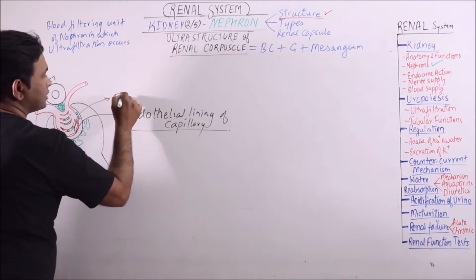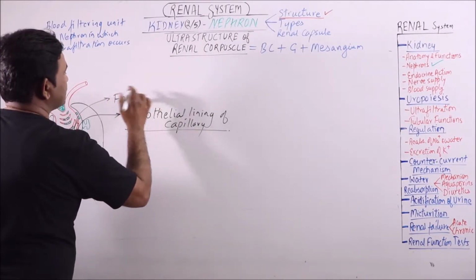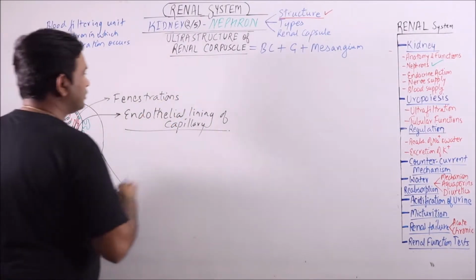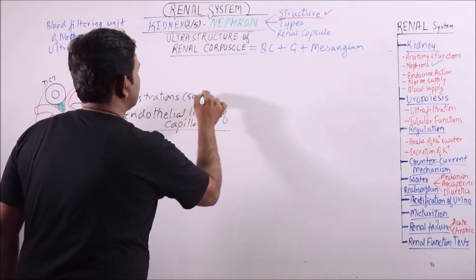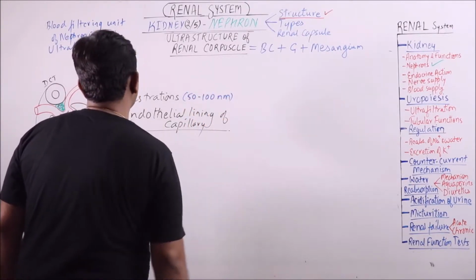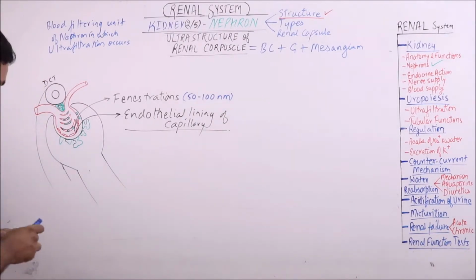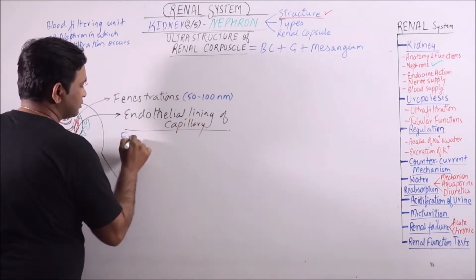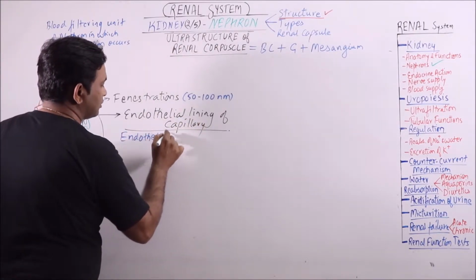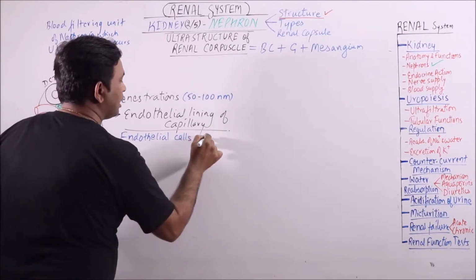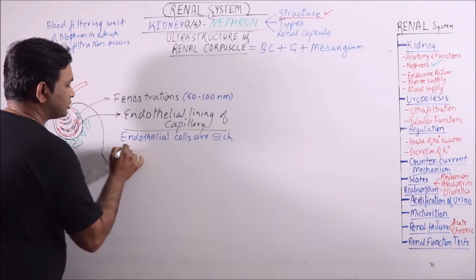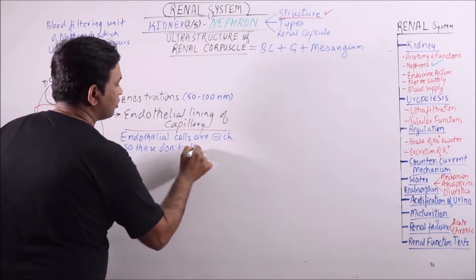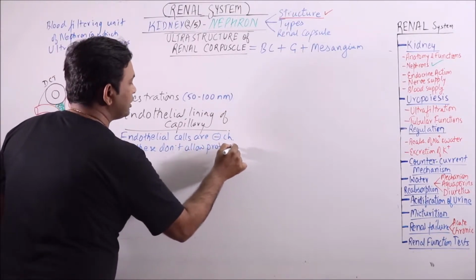These spaces are known as fenestrations. The diameter of these pores or fenestrations is between 50 to 100 nanometer. It's important that the endothelial cells are negatively charged, so these do not allow proteins to pass.